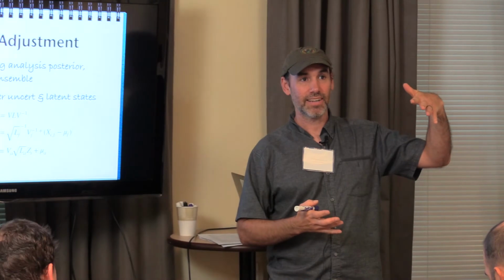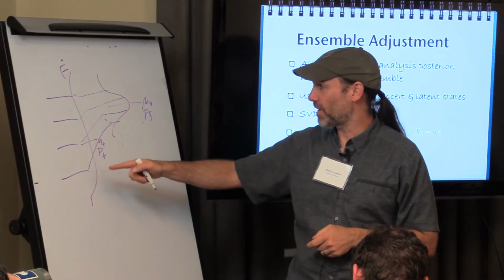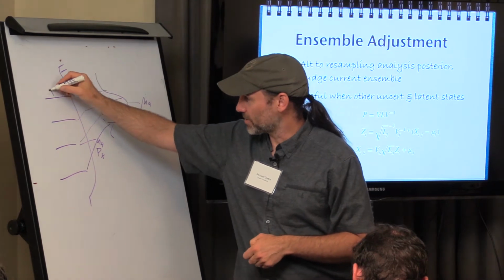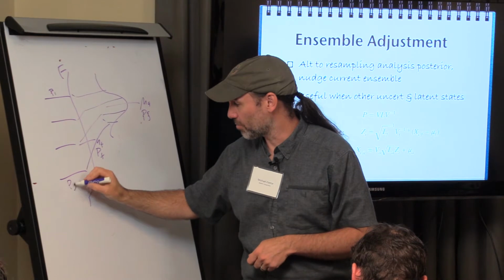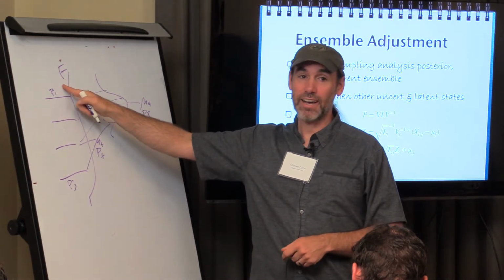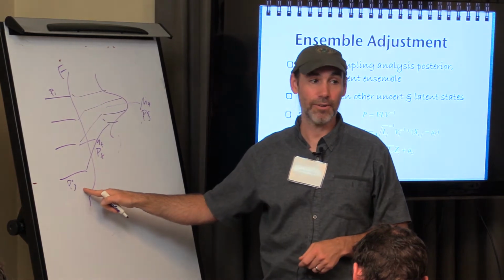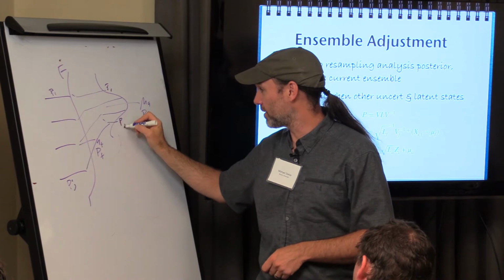So imagine that part of why I got this ensemble spread is, I have a particular set of parameters here and a different set of parameters there. And this parameter set that caused this to be high and this parameter set that caused this to be low, I want to keep that high one here and I want to keep the low one there.